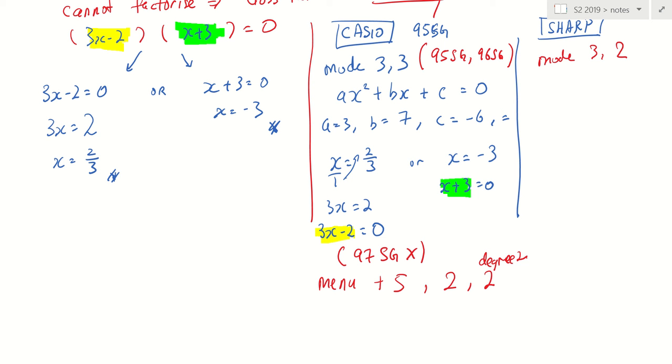Okay, mode 2, 2. Yours is mode 2, 2. Then A, B, C. What is your calculator model? What is this model? WS315.